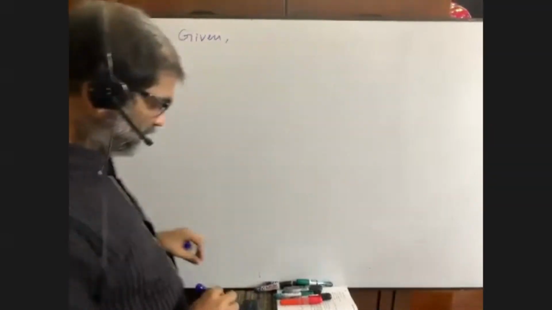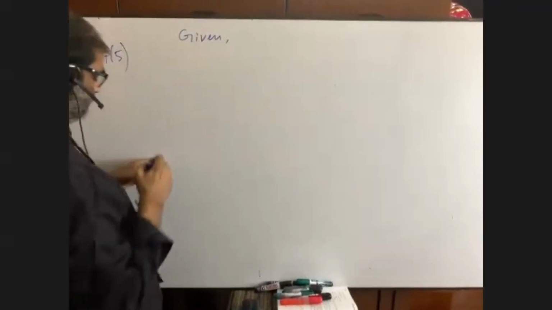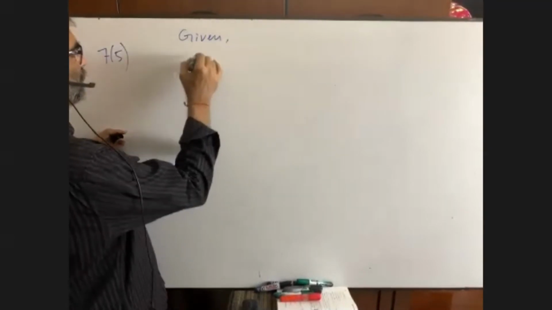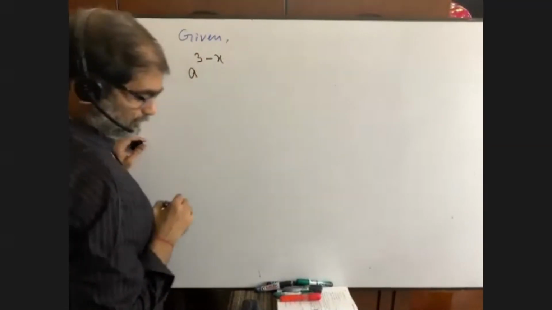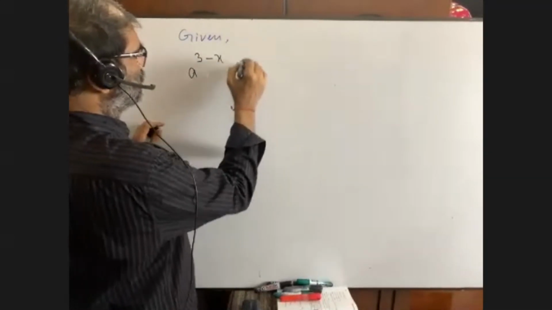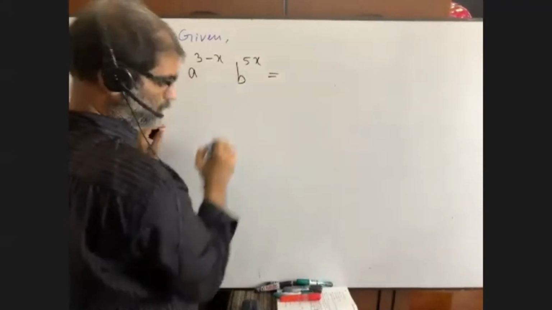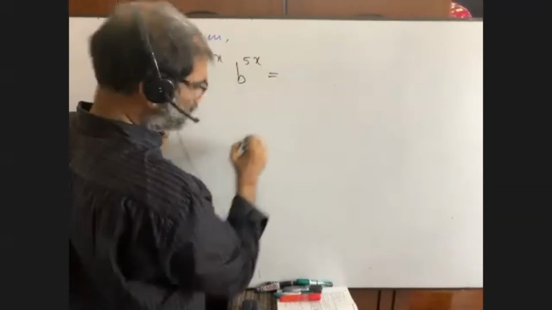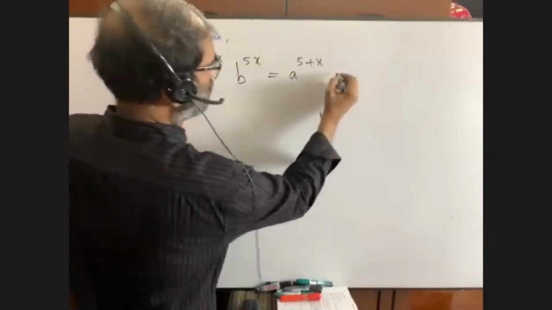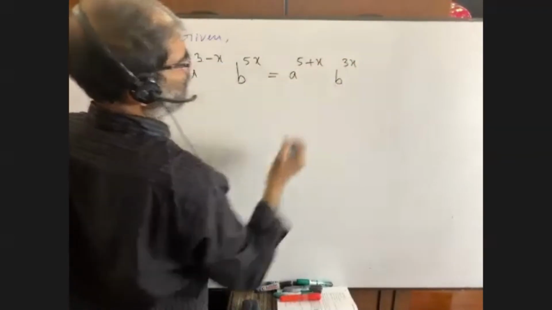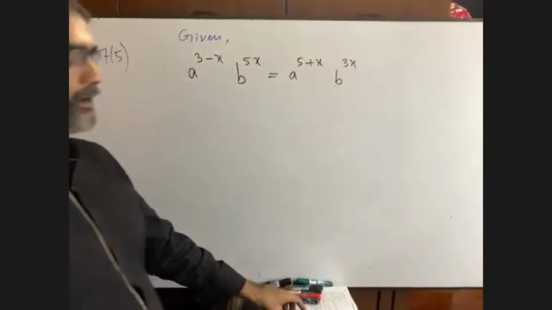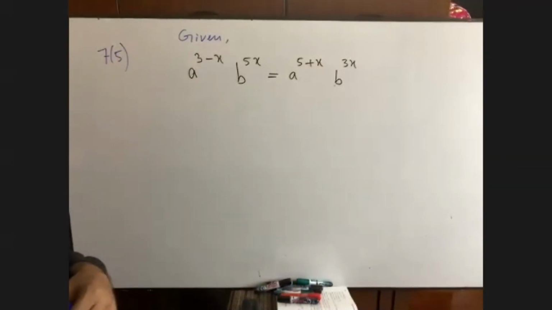A to the power 3 minus x, B to the power 5x, is equal to A to the power 5 plus x, B to the power 3x. That's good. Very easy and simple math. You can do it very easily.